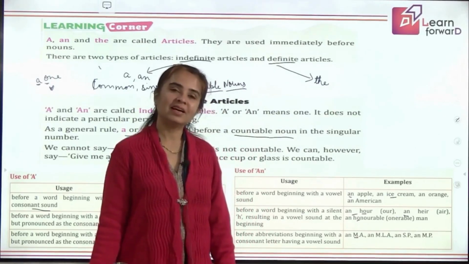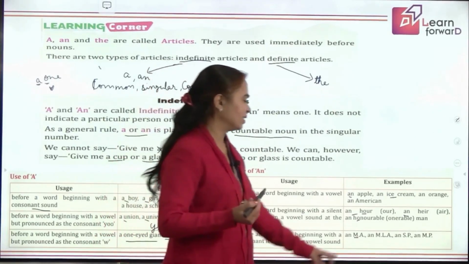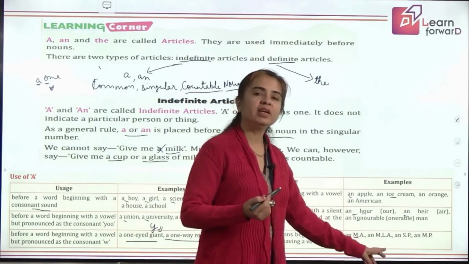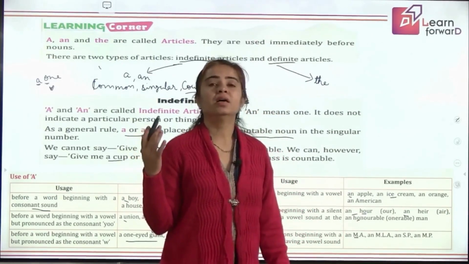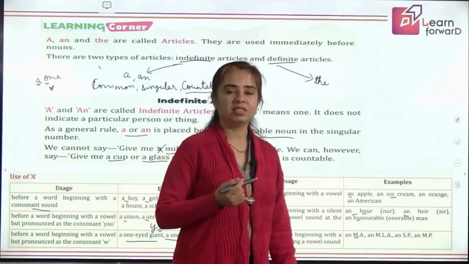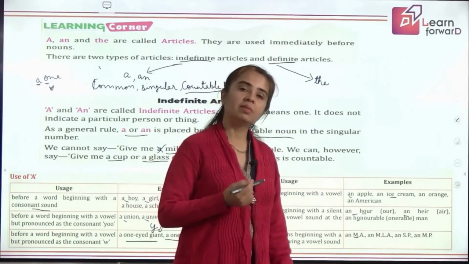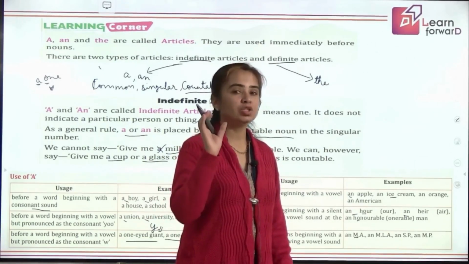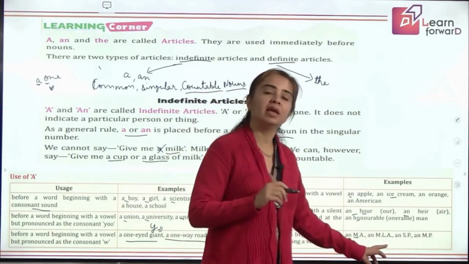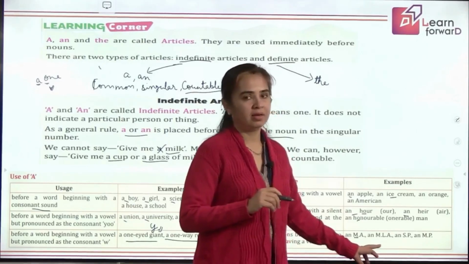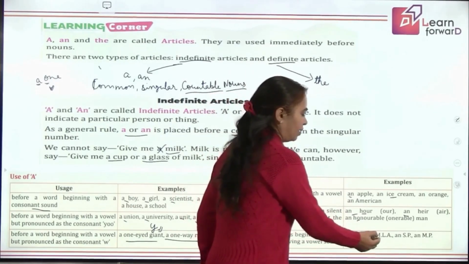E is the vowel sound, yes. Similarly, MLA. If I say in complete words, he is the Member of Legislative Assembly, then I am saying member. But in short, when I am using the abbreviation, I say he is an MLA. Em, el, ay. That is why again an.